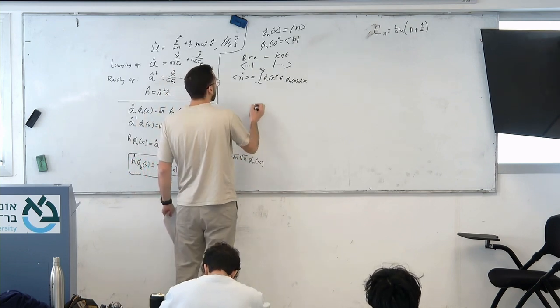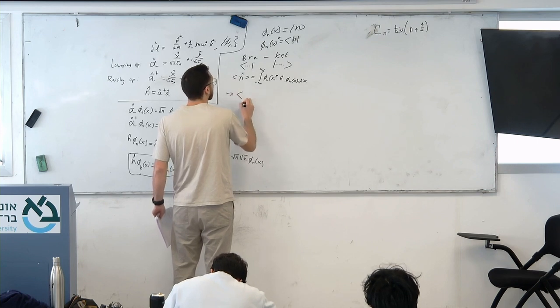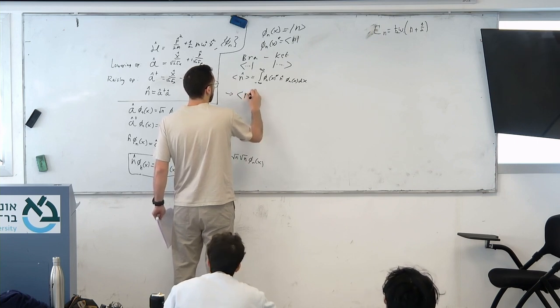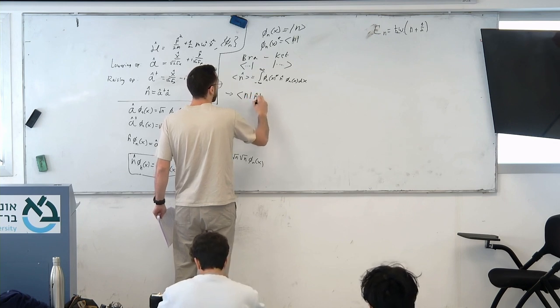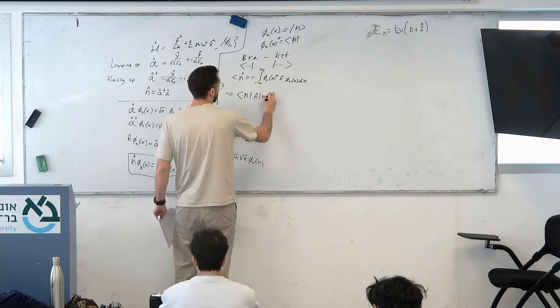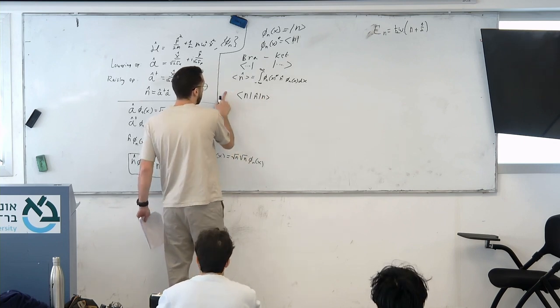We can instead write it as bra n, n operator, ket n. You can write it like this instead.